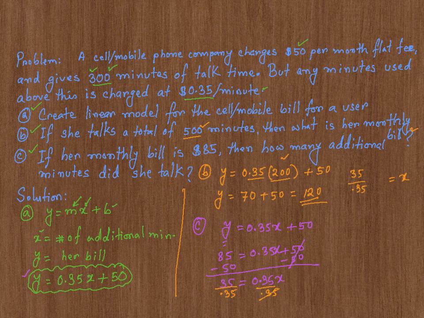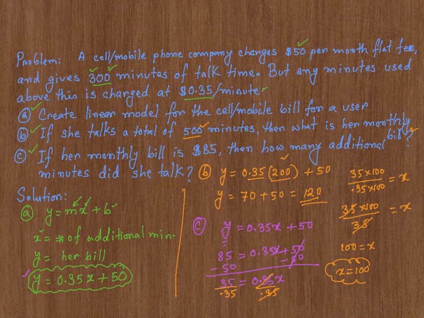On the right hand side, 0.35 and 0.35 cancel. Now I'm going to multiply both top and bottom by 100 to get rid of the decimals, because there are 2 digits after the decimal. So that's going to give me 35 times 100 over 35, that is equal to x. Now on the left hand side, 35 and 35 in the numerator and denominator cancel out. That gives me x is equal to 100, or 100 is equal to x, which is x is equal to 100.